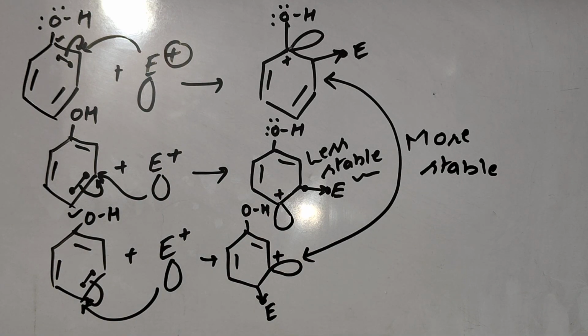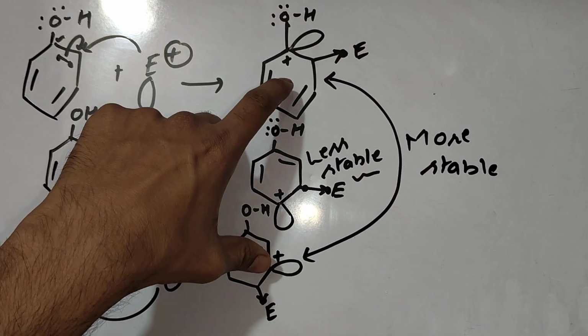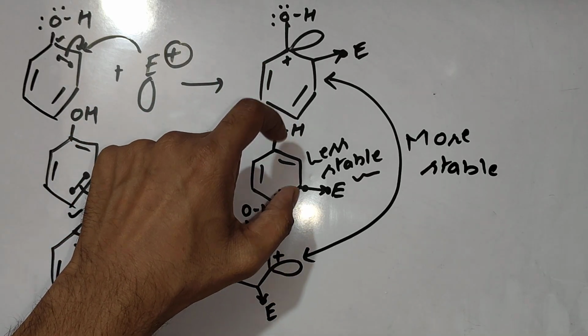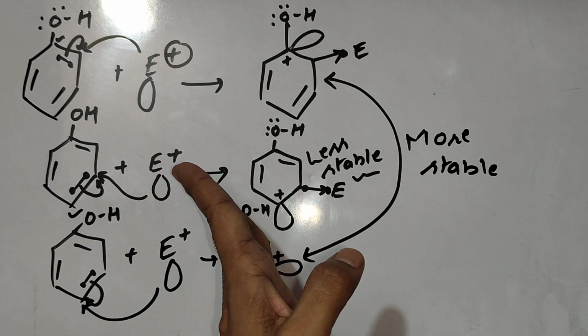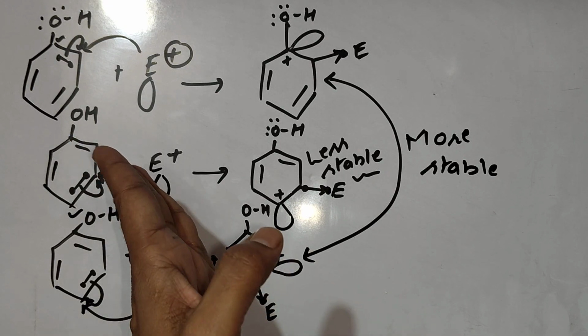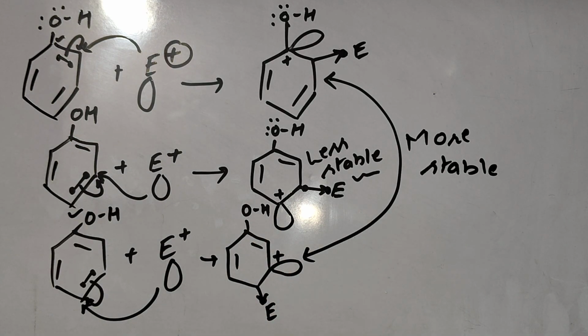That's why the electrophile will always prefer to attack on ortho and para positions, because the reaction prefers stable intermediates. Out of these three, these two are more stable and this is less stable. That's why the electrophile will not prefer to attack on the meta position. This is the second reason.